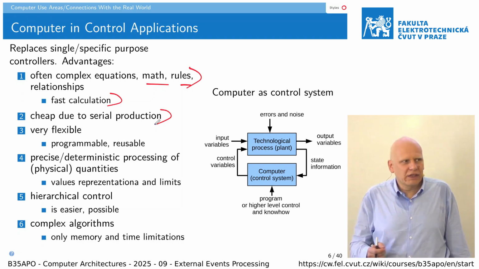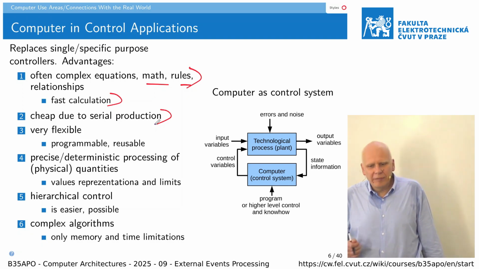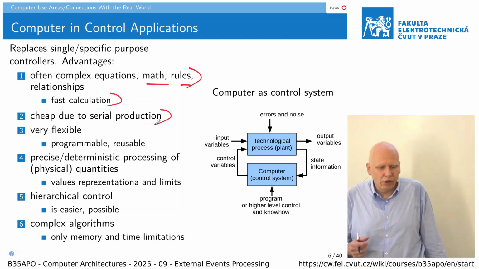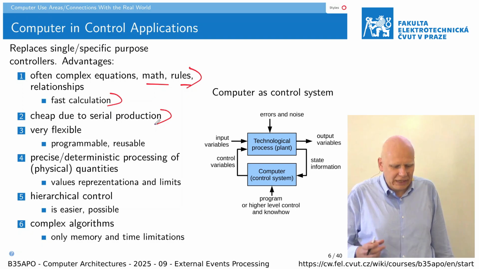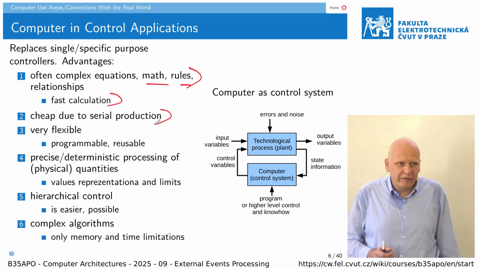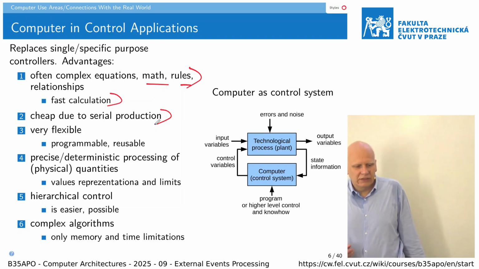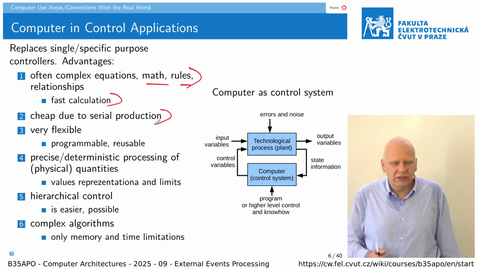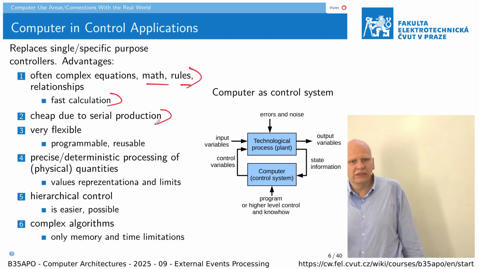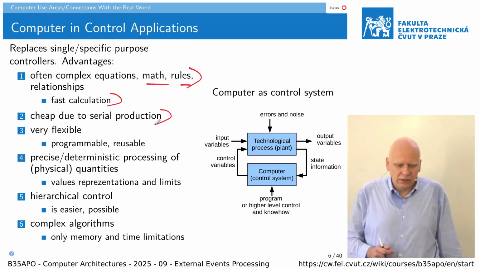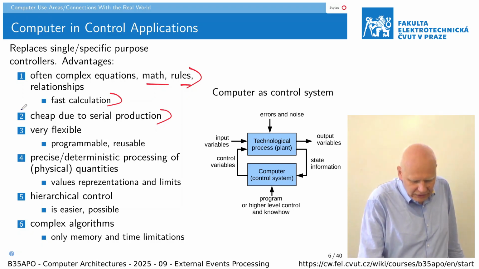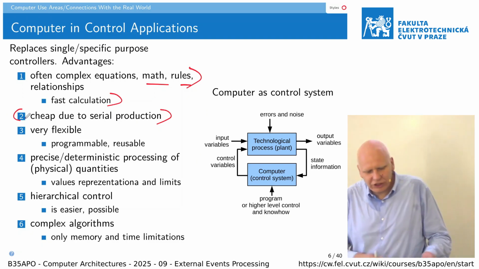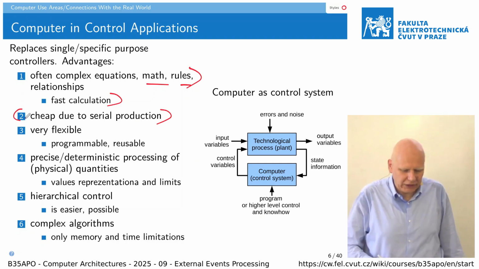So the large quantity production makes the cost of the final silicon, final chips and electronics really cheap, because the design of the core is a multi-year process and so on. So this is the advantage, that it is cheap because the same chip can be used in many situations.